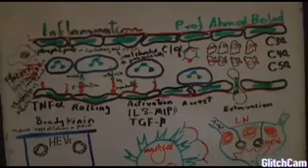In today's lecture, I will be talking about inflammation. And as you know, the immune system has two arms: the innate immune system and the adaptive or acquired immune system.